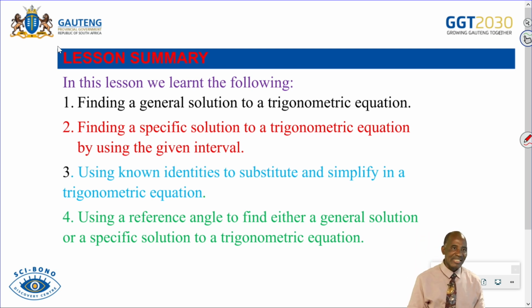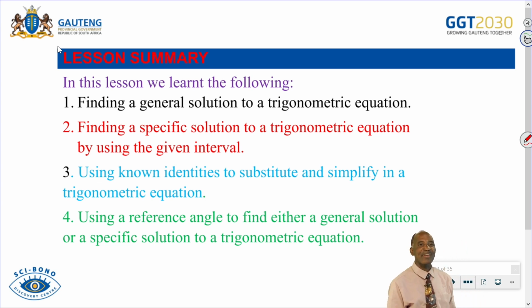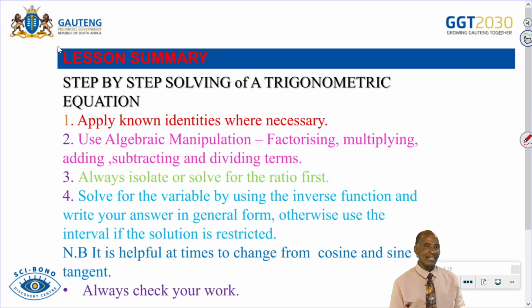We also used the identities to substitute and simplify in a trig equation. We used identities like the square identity and the quotient identity, which says sine over cosine is equal to tan. Then 4, we were also using a reference angle to find either a general solution or a specific solution.